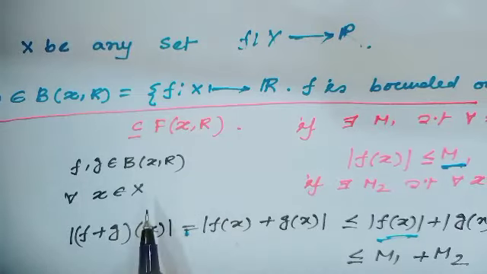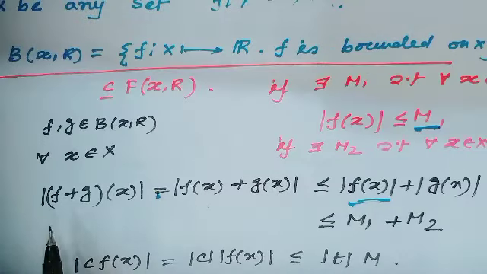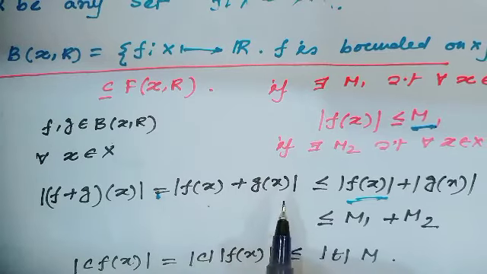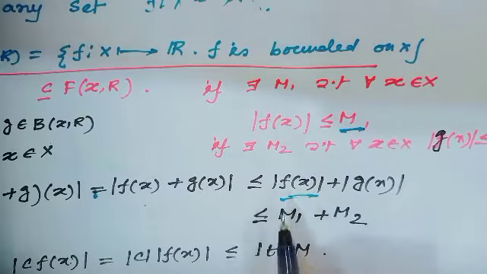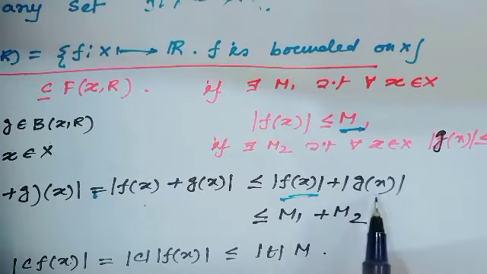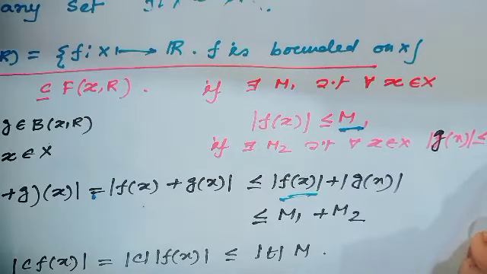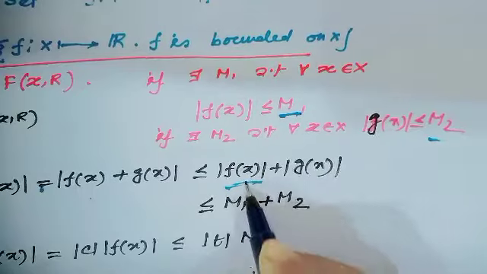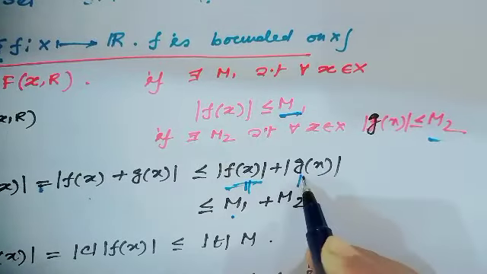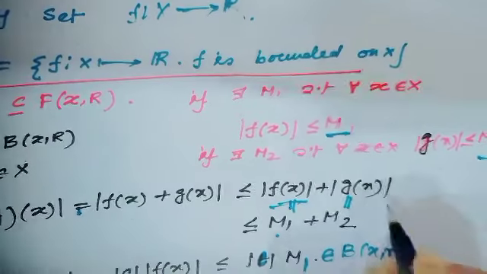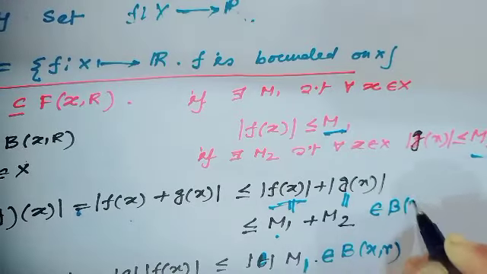And for all x belonging to X, the absolute value of (f+g)(x), by the triangle inequality, is less than or equal to |f(x)| plus |g(x)|, and |f(x)| is less than or equal to m1 and |g(x)| is less than or equal to m2. That means the sum of these functions is obviously a member of B(X,R).